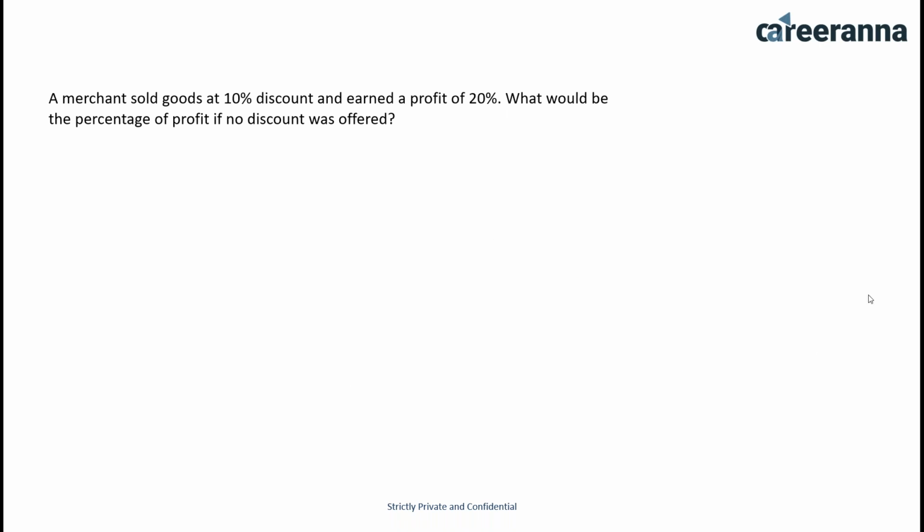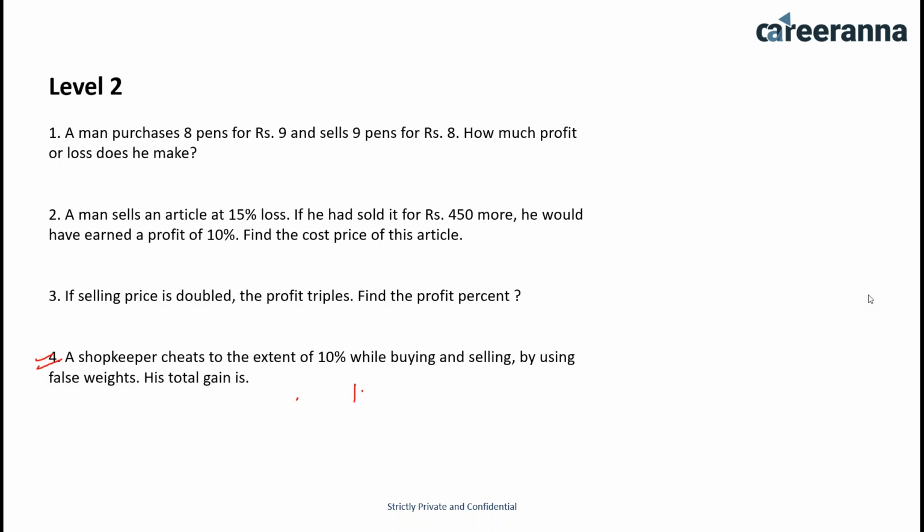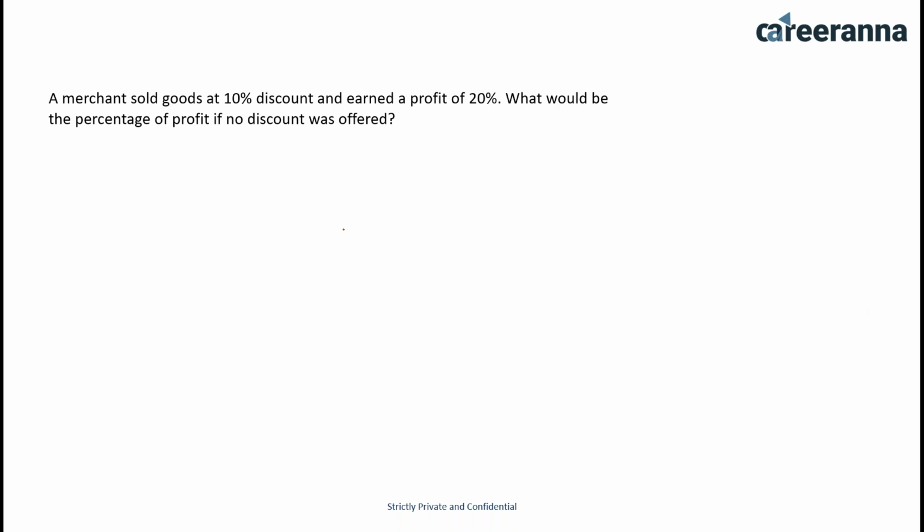Okay, Saurabh, you have a problem in fourth question. Guys, you try this question. I'll explain fourth question for those who have a problem. In 100 rupees, I get 100 grams if I work without cheating, right? So now I did cheating.